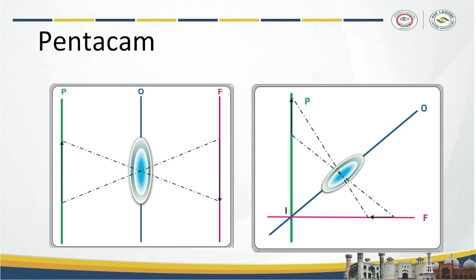But in this Scheimpflug principle, the line of the image, line of the subject, and line of the object meet at a point known as the Scheimpflug intersection point. So we do multiple scans in this way, and a high resolution image is obtained.